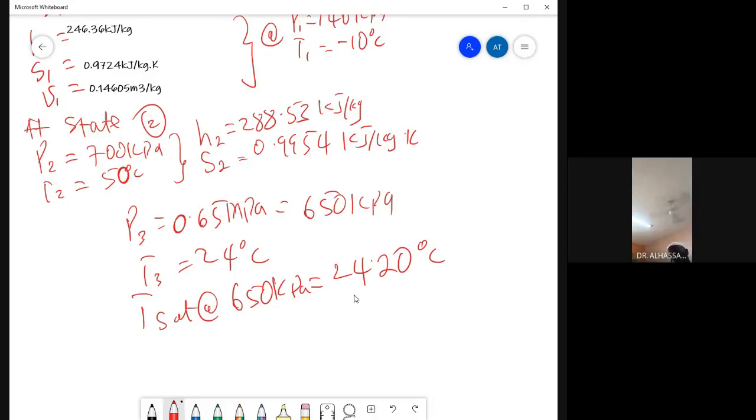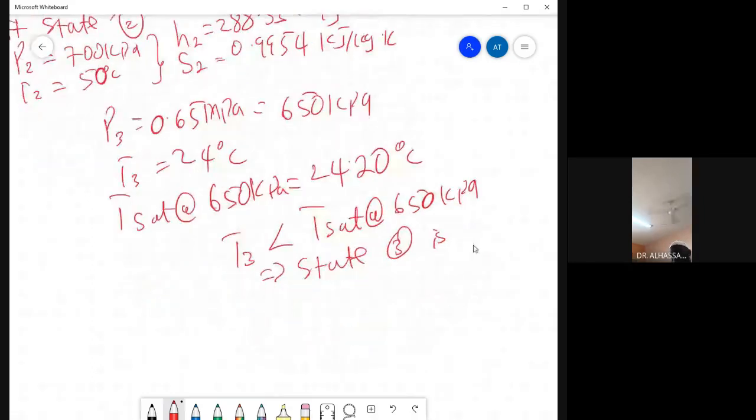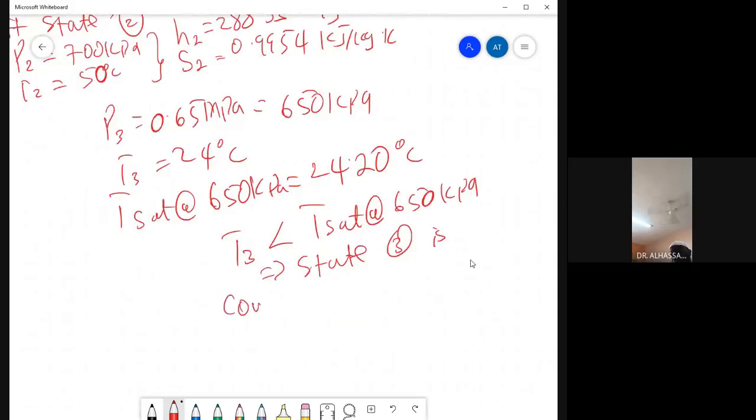So what does that mean? It means that T3 is less than T saturation at 650 kilopascal, which means this fluid is in the compressed liquid state. You understand? So it implies that state 3 is compressed liquid.